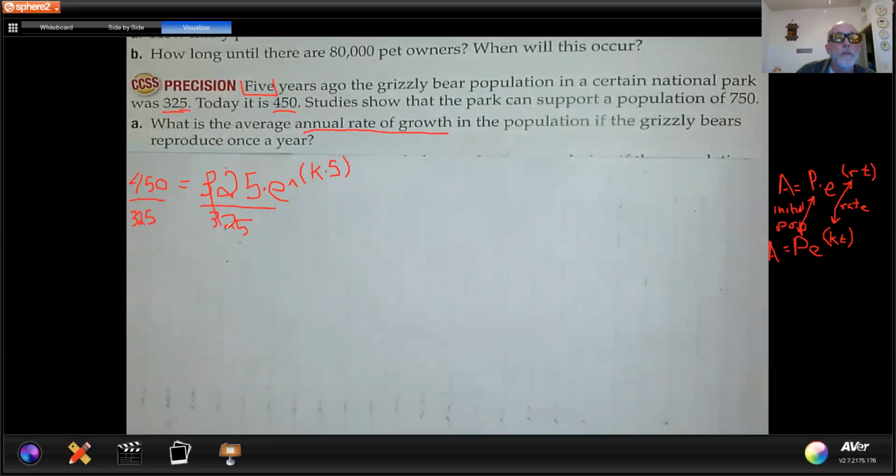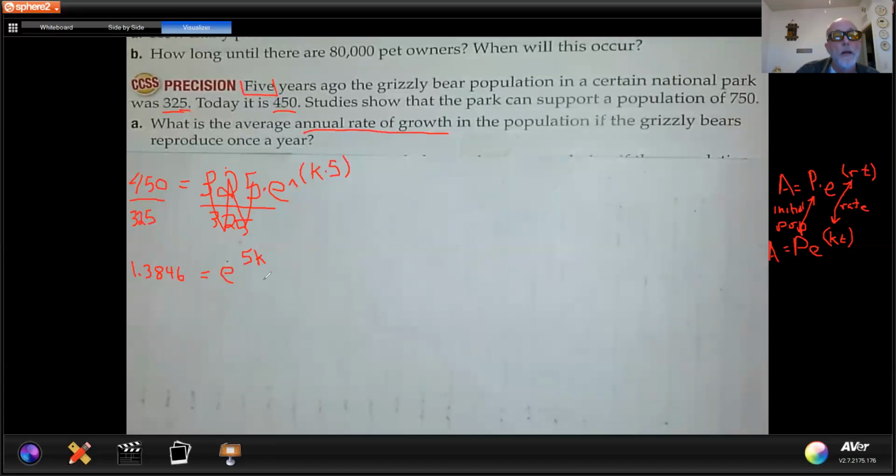Okay, so that makes this go away. And I have E to the 5K power. 5 times K is the same thing as K times 5 equals, and then I just divide. So what is 450 divided by 325? It's 1.3846. Remember, you have to leave it at 4 decimal places. We need the 10,000th place, 4 decimal places.